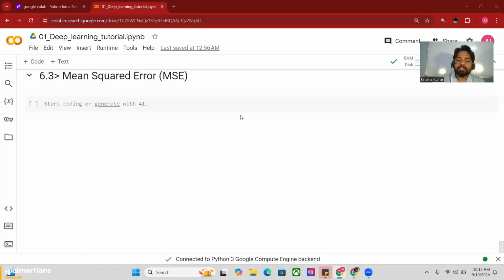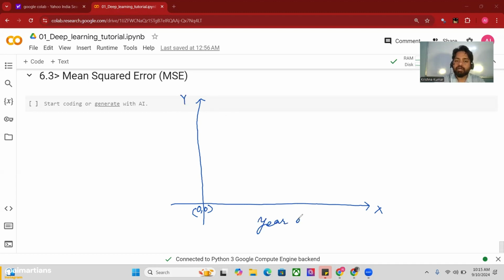Let's go to Google Colab Sheet. Let's suppose I have a graph. This is a graph. Okay, this is origin 0, 0. This is the x-axis. This is the y-axis. This is the year of experience line. Okay, this line represents year of experience.